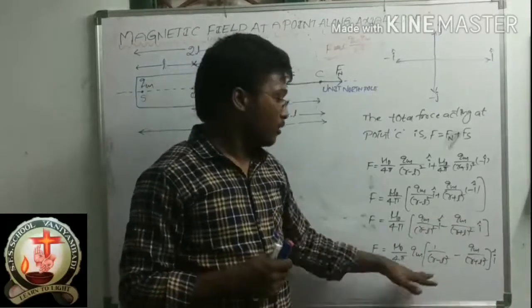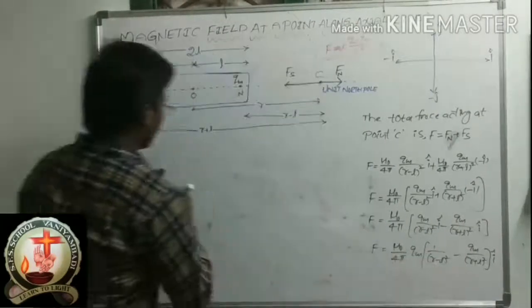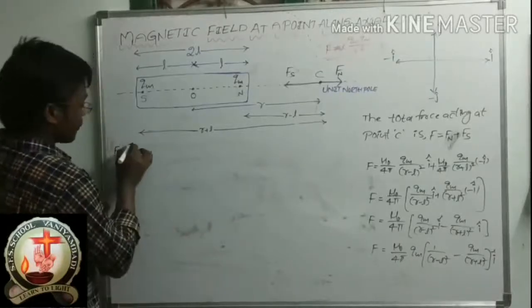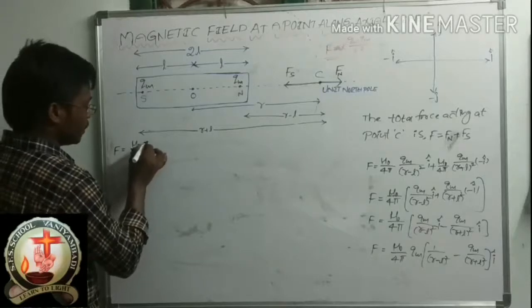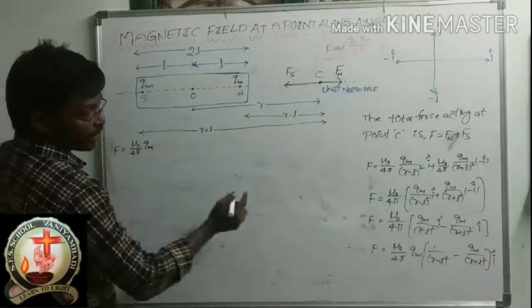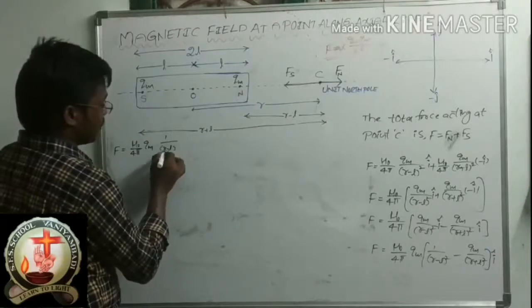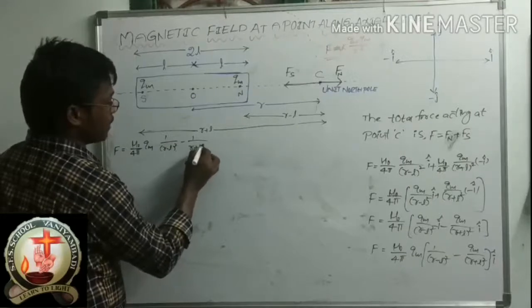Now see, I am writing here F is equal to mu naught by 4 pi into Qm and 1 by (R minus L) whole square minus 1 by (R plus L) whole square.